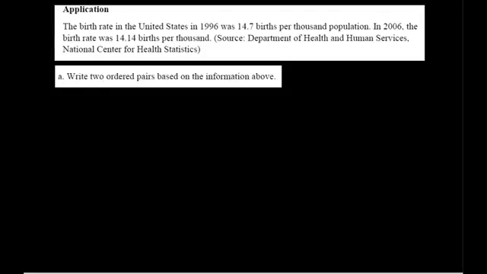First things first, we can't do anything if we don't have any ordered pairs. So we need to write two ordered pairs based on the information above, and we need two ordered pairs because we can't figure out slope without two ordered pairs. So one possible ordered pair could be 1996 and 14.7, and a second ordered pair could be 2006 and 14.14.